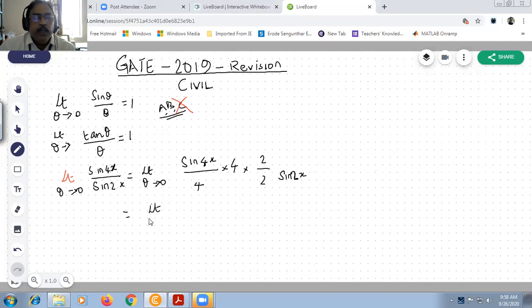The limit of sin 4x by 4, divided by sin 2x by 2, and this 2 will come to the denominator.